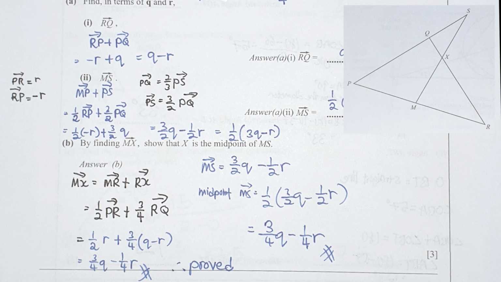For the midpoint of it, simply multiply by half and you will get 3 over 4Q minus 1 over 4R, which proves the statement that X is the midpoint of MS as they have the exact same vector value.